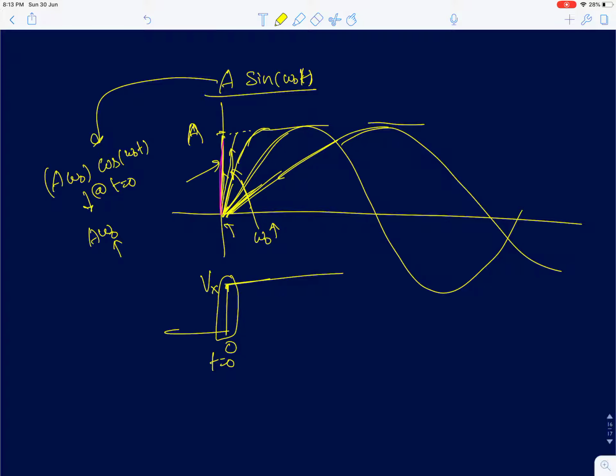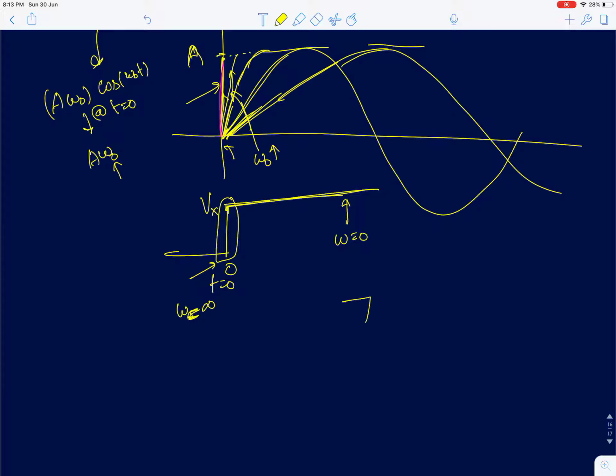The step input is constant otherwise, so it looks like a DC input elsewhere and like an infinite frequency input at the origin. That's the interesting factor about the step function. So at t equal to 0, a step function will look like an infinite frequency sinusoid. Therefore, a capacitor will behave like a short circuit the moment you apply a step, at t equal to 0.